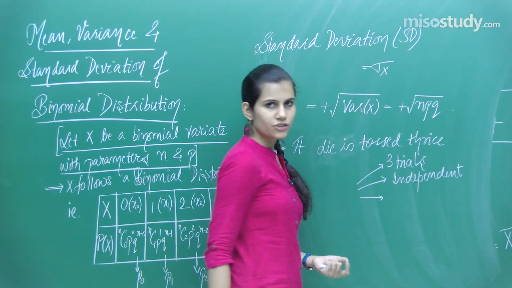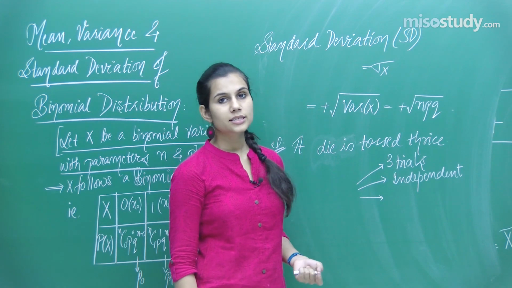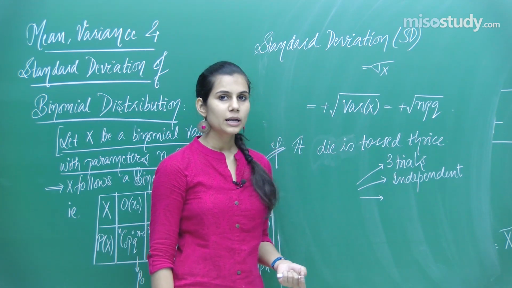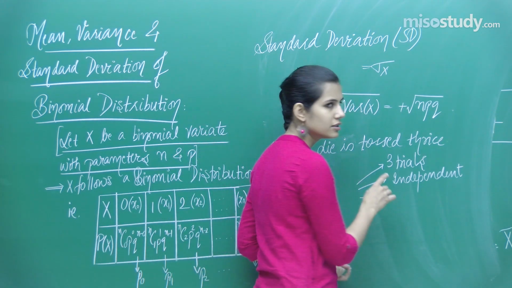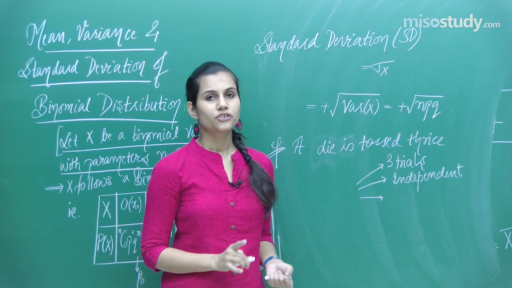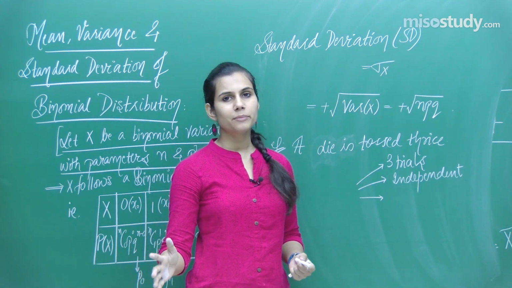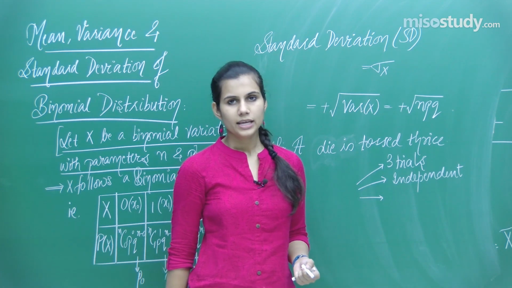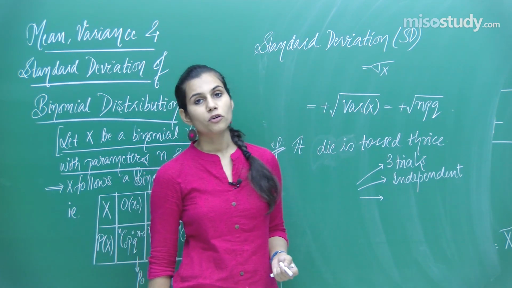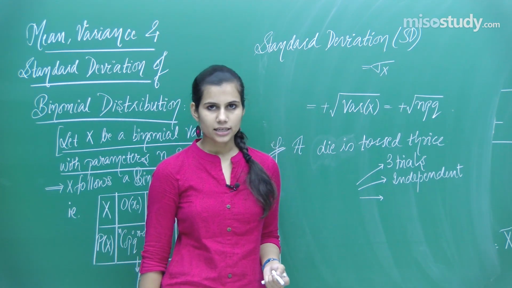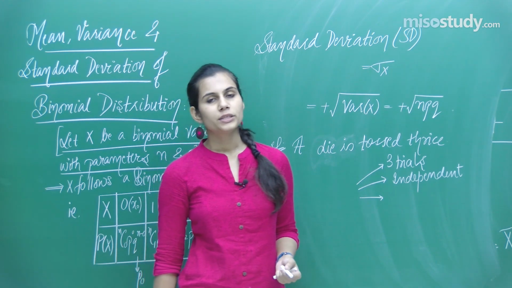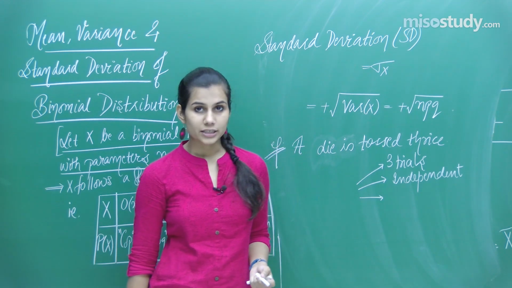It is given in the question that getting an odd number is a success. Each particular trial can land up in an odd number or not. If the outcome is 1, 3 or 5, that means success. If the outcome is 2, 4 or 6, that means failure.